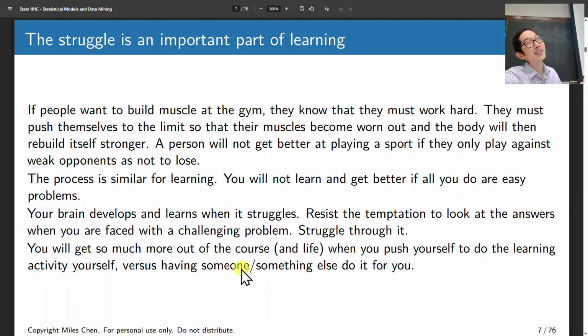And learning works the same way, okay? If you only do things that are easy and comfortable, like, oh, I can do this level math, I can do this level coding, it's real easy for me, that's like lifting the 1 pound weights, okay? To really grow and learn, you have to find the right mix of challenge.